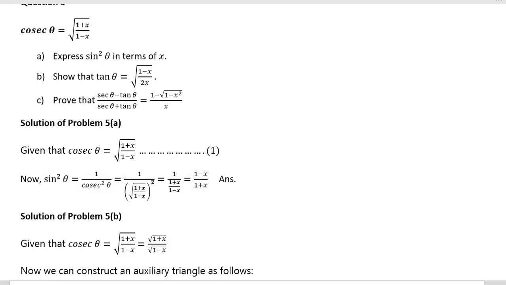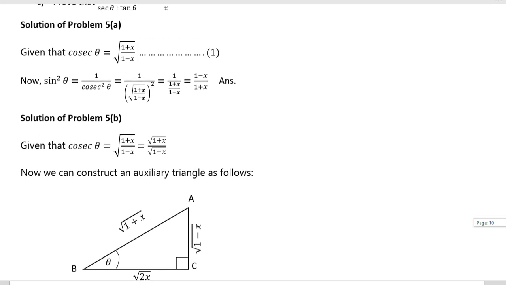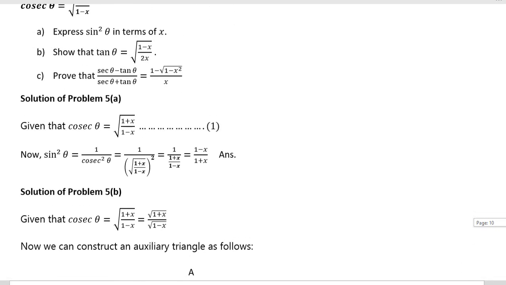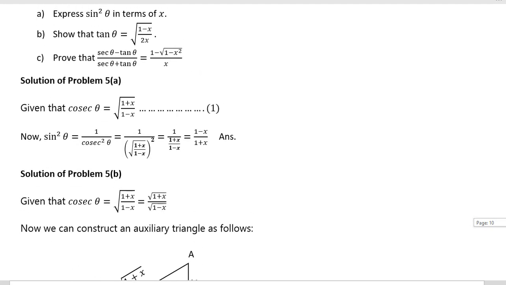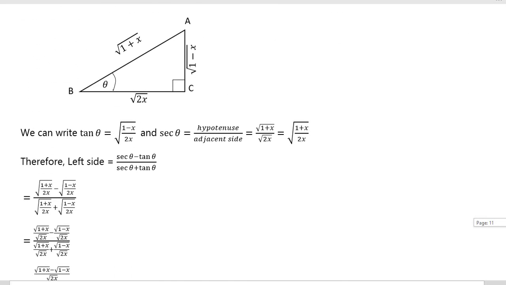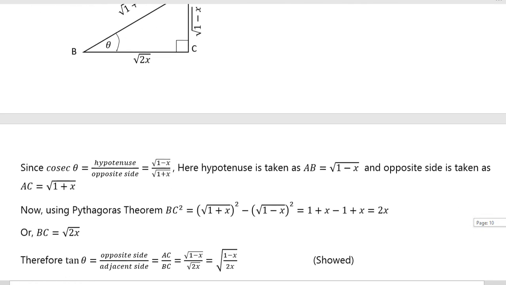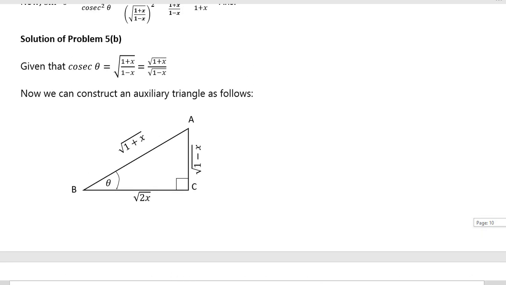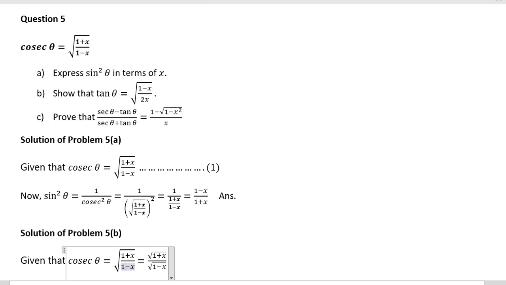Very easy. Now solution of problem 5b. We are given that cosec theta equals root over 1 plus x divided by 1 minus x. Now for b we have to express tan theta in terms of x.